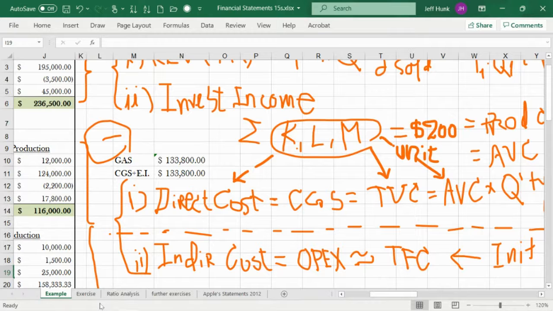Hence, it's called unit production cost.